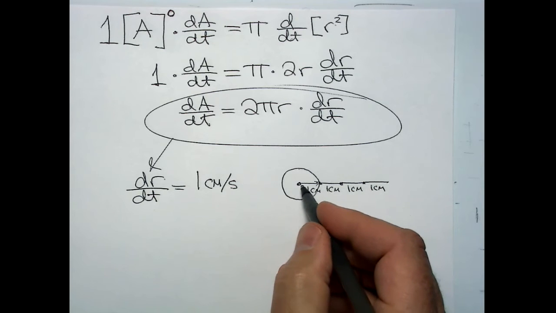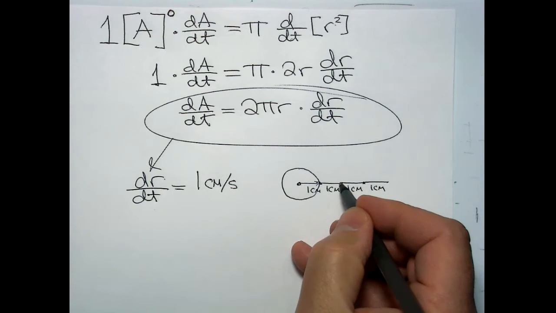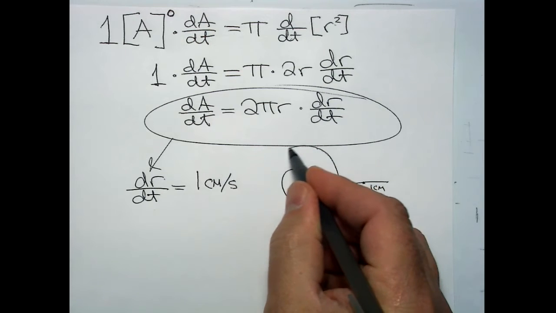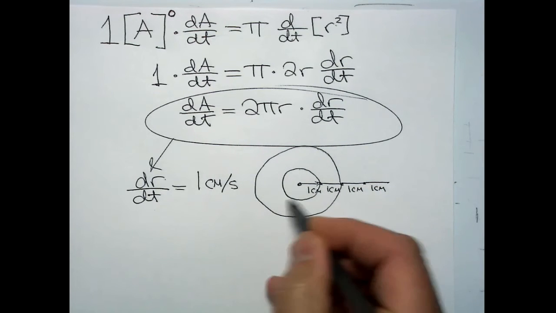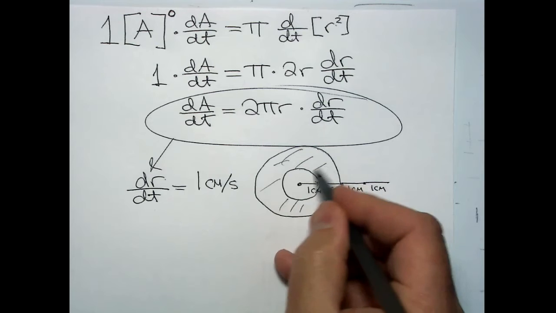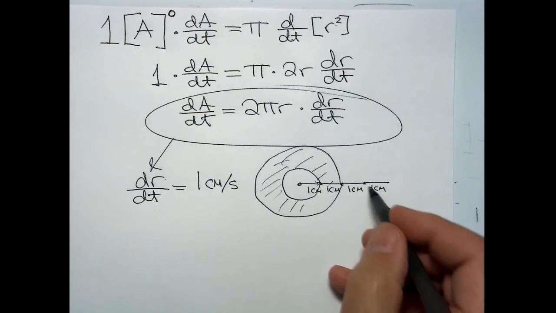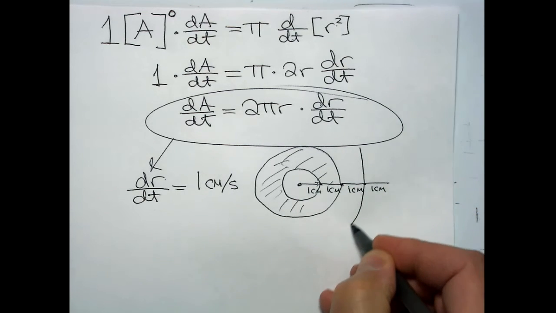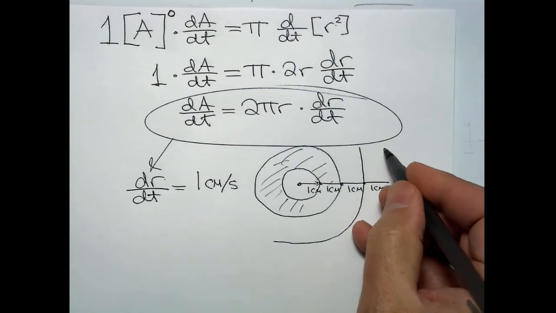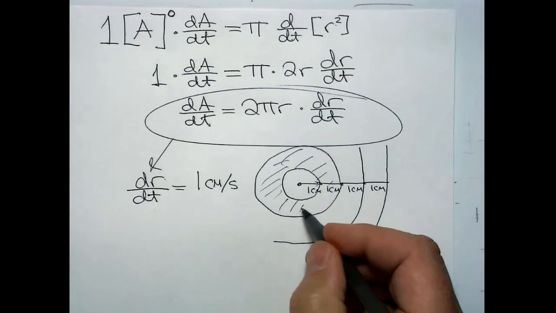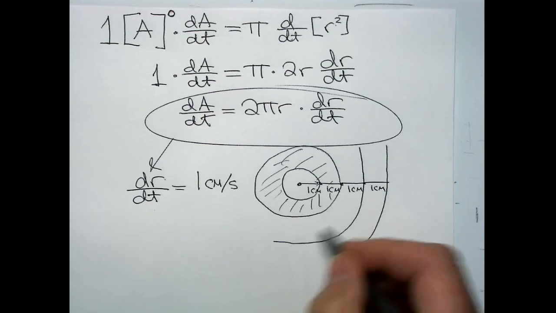Well, the first second we go from no area to that circle. Then we add all of this extra area out here the second second, and that is quite a bit of extra area. And then the third second, we add all this extra area. And then the fourth second, we add these, and we'll call these annular sections of area.